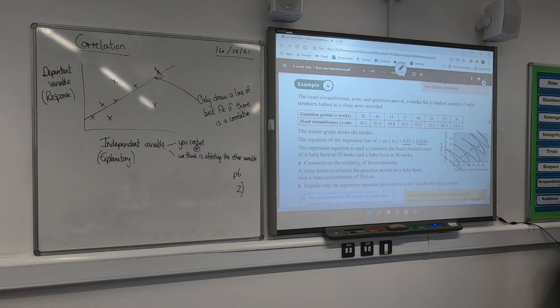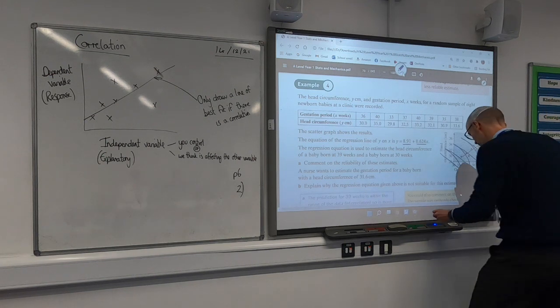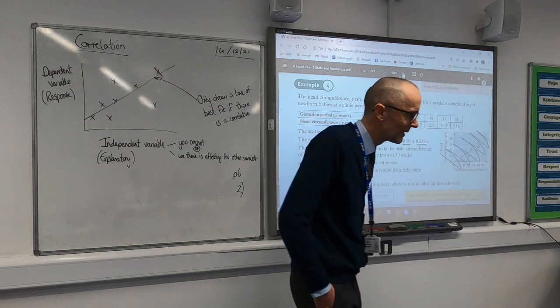That's right. So in the context of this example, 0.624 tells us that for every extra week before the baby's born, its head circumference increases by 0.624 centimetres. And what about the 8.91? What does the 8.91 tell us?